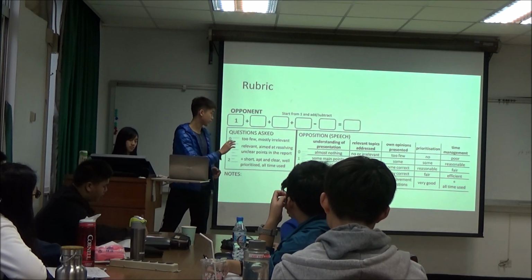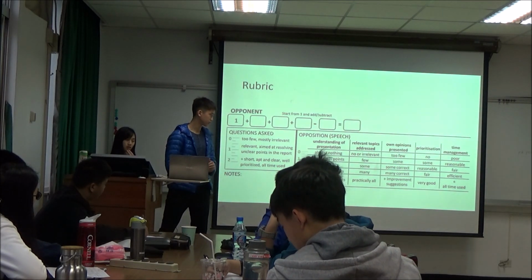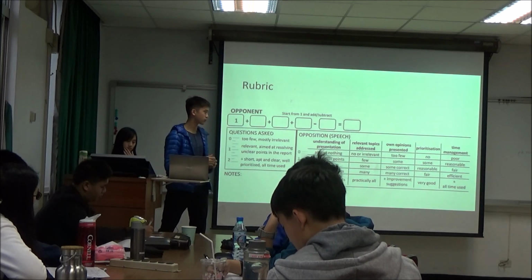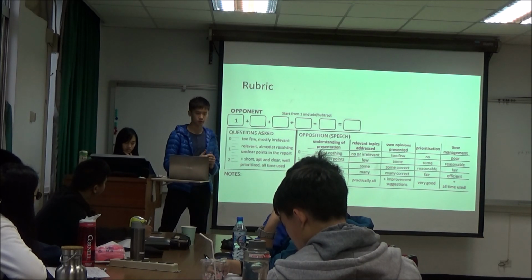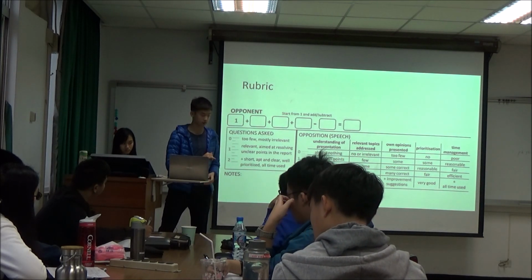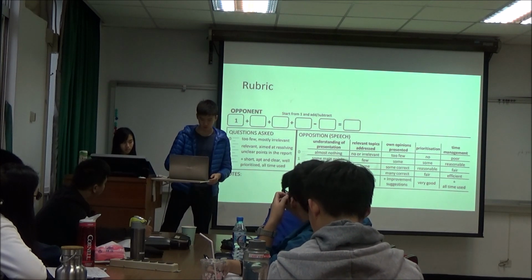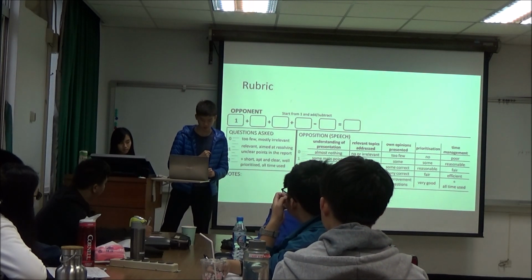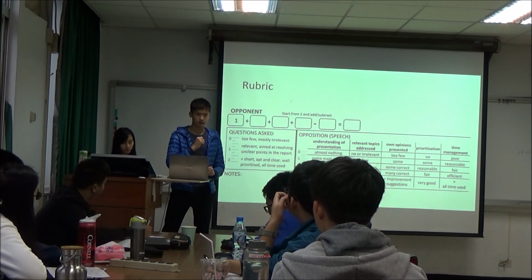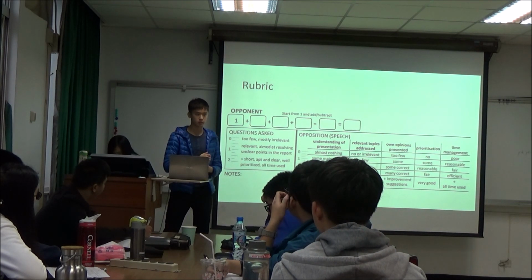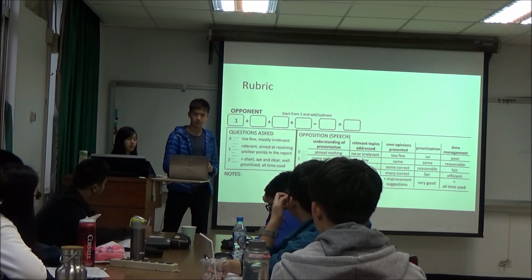Okay. Next category, own opinions presented. Not only do you have to have correct opinions, you also need to provide improvements and suggestions if you want to get that 4 points. It's important to note as an opponent that the discussion is your time to really show that you understand the important physics that are involved inside of this topic.